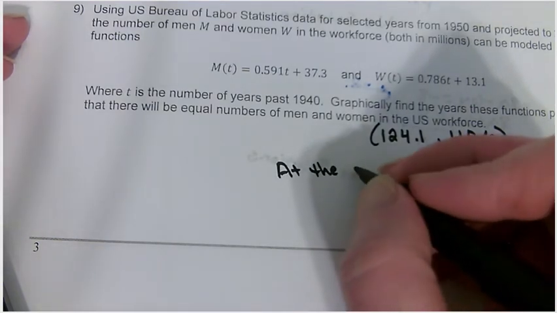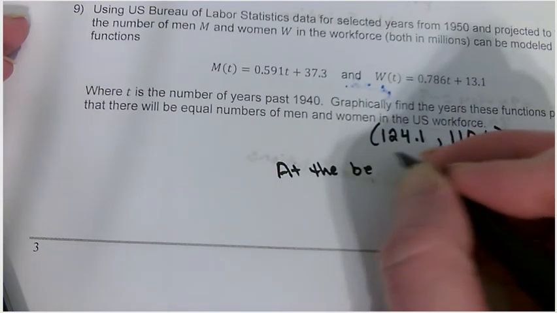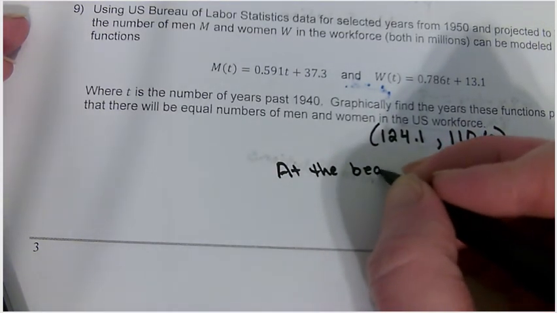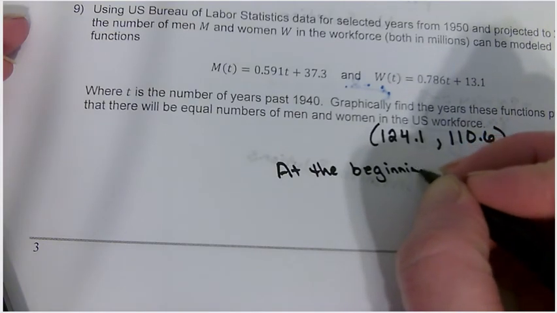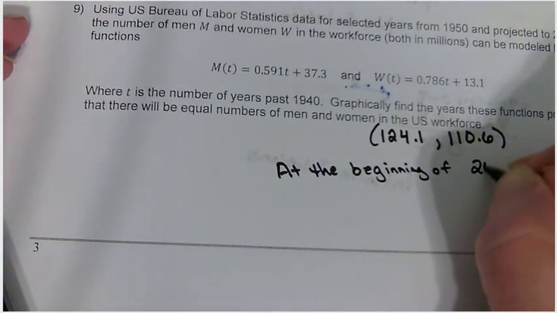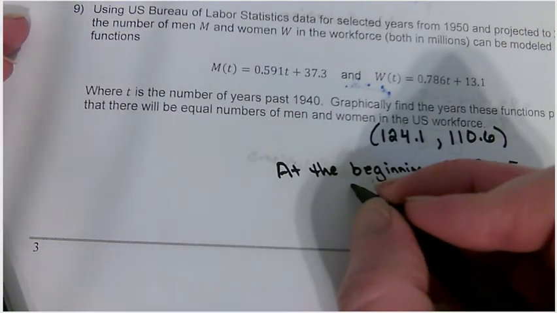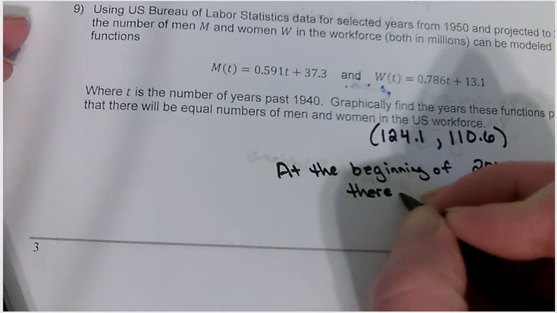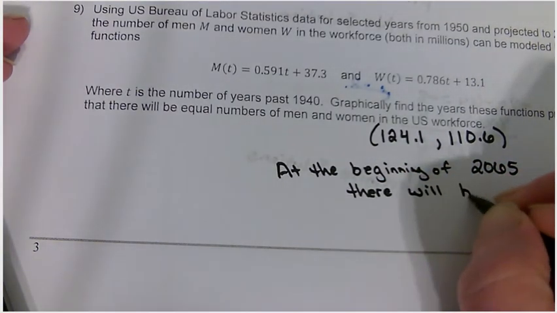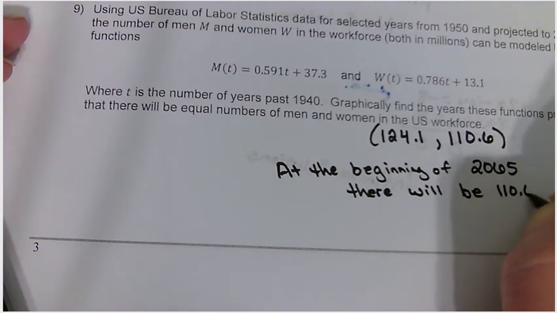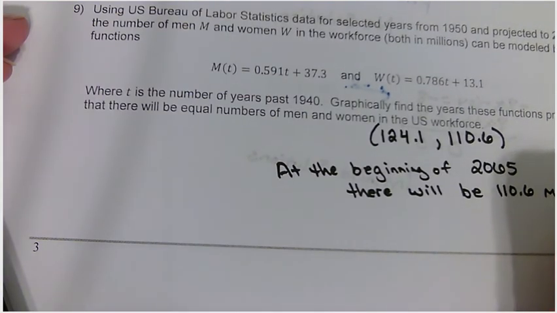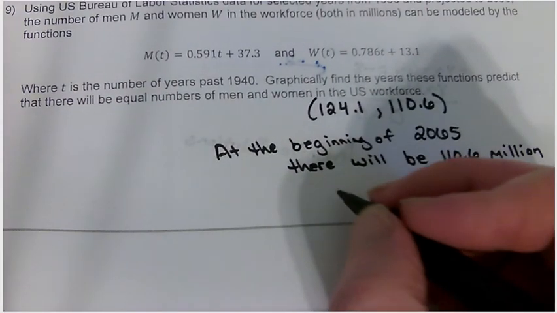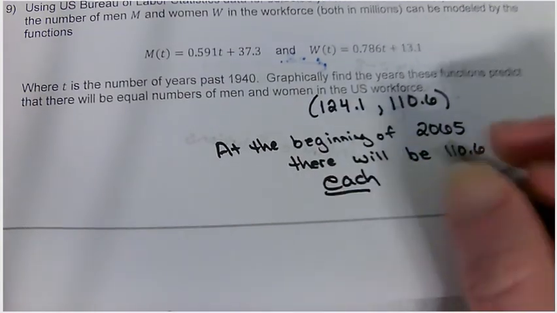It's actually going to be the beginning, because it's right past 124. The beginning of 2065. There will be 110.6 million each men and women.